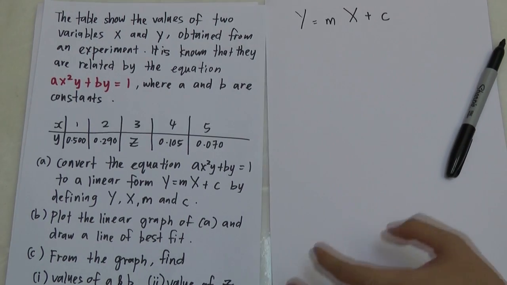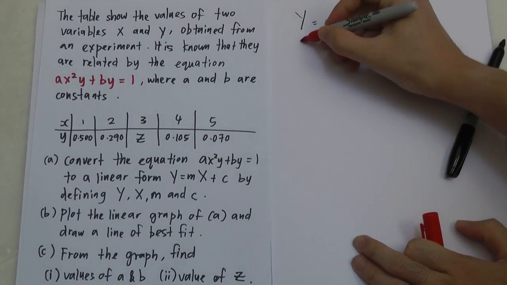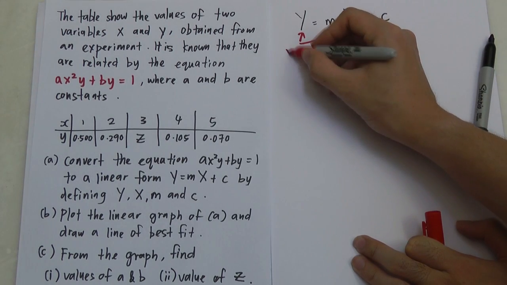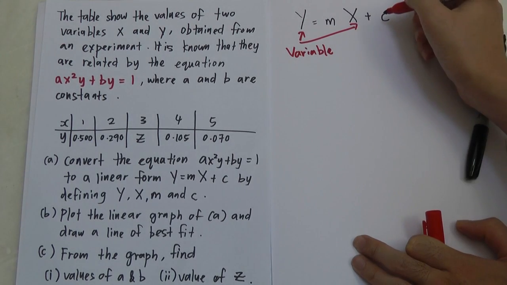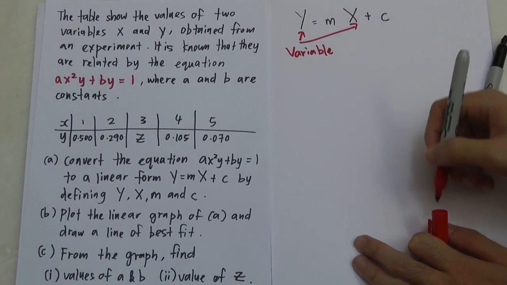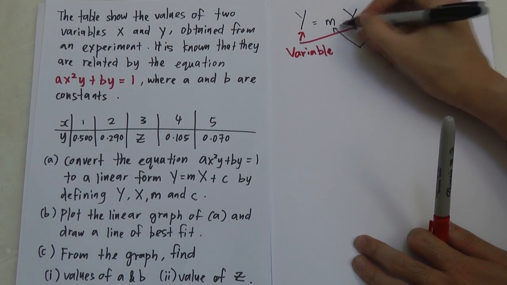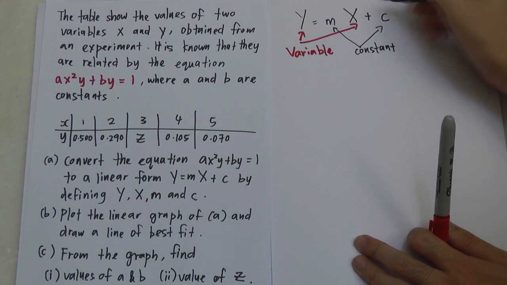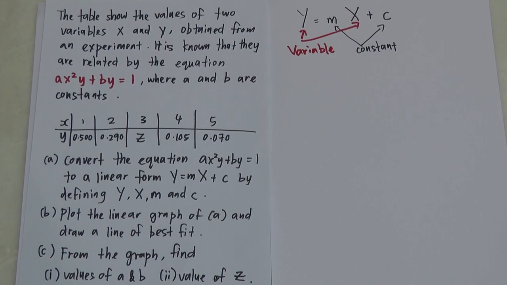So over here, what I know is that my y and x are the variables. They can be any variable, but must be variable, cannot be a constant value. At the same time, my m and my c must be constant values. That means for my m and c, I cannot have a variable in it. So what is the meaning of it?